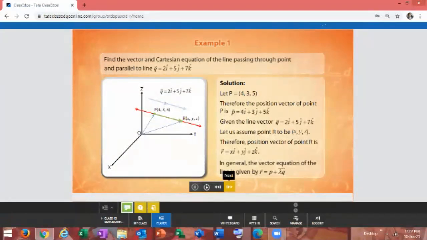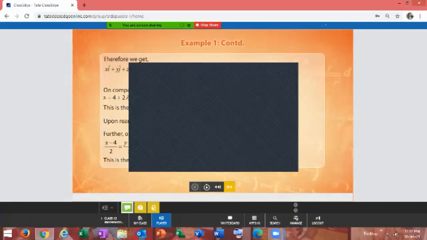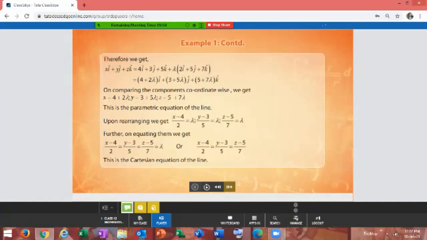You see what the answer is. Here we only substituted the values in the given formula, and the vector equation of the straight line, xi cap plus yj cap plus zk cap, is 4i cap plus 3j cap plus 5k cap plus lambda within brackets 2i cap plus 5j cap plus 7k cap. This equation is represented in the Cartesian form, and the final result is x minus 4 by 2 equals y minus 3 by 5 equals z minus 5 by 7.